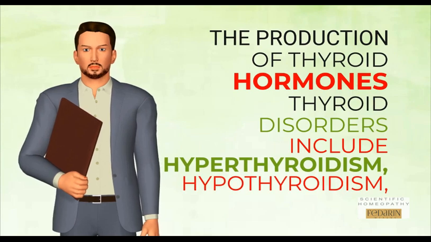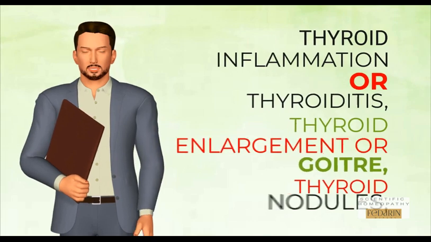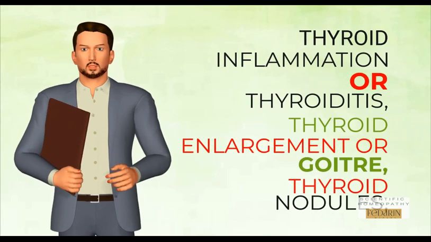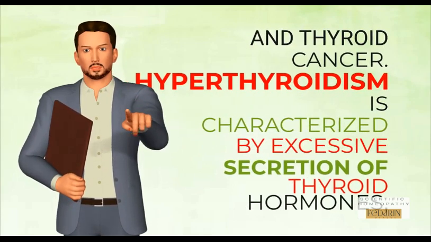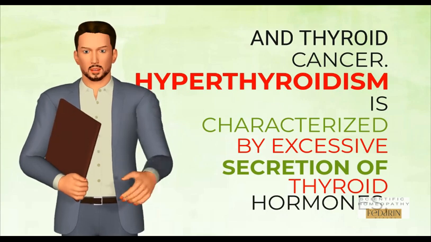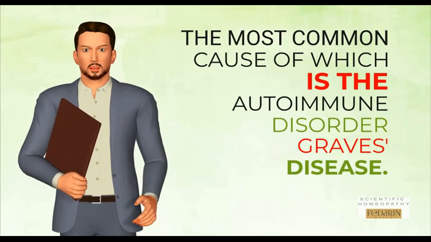Thyroid disorders include hyperthyroidism, hypothyroidism, thyroid inflammation or thyroiditis, thyroid enlargement or goiter, thyroid nodules, and thyroid cancer. Hyperthyroidism is characterized by excessive secretion of thyroid hormones, the most common cause of which is the autoimmune disorder Graves' disease.